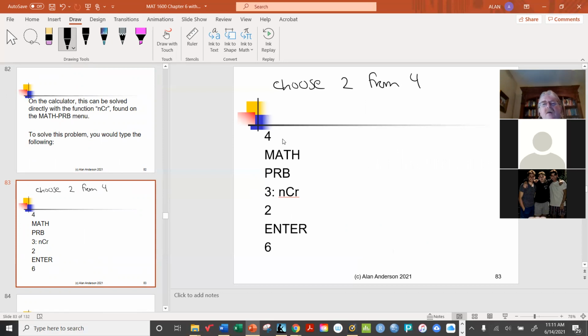Sometimes this is written, by the way, as 4C2, which is pronounced 4 choose 2. The C means it's a combination.